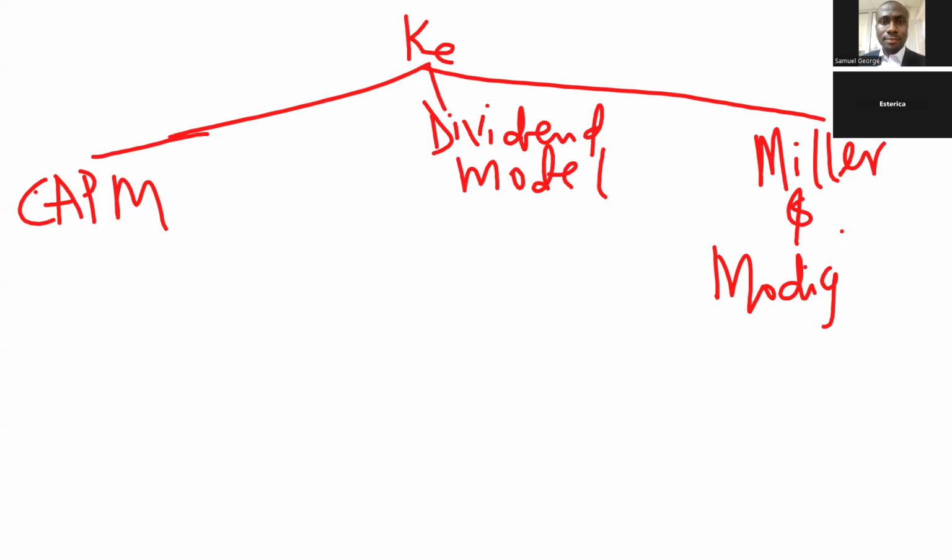Okay, M&M, very quickly. Now, we are going to learn these methods one after the other. So we start from capital asset pricing model for calculating cost of equity. We call it CAPM, capital asset pricing model.